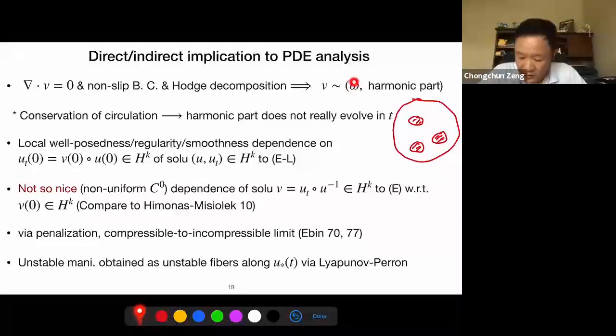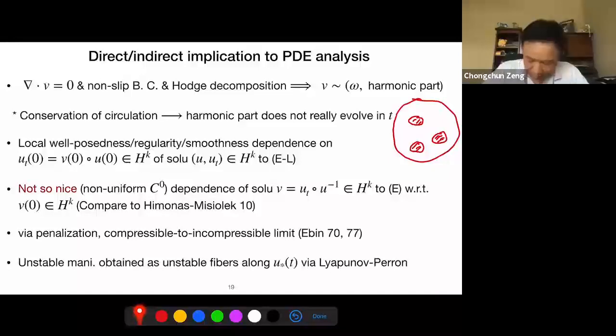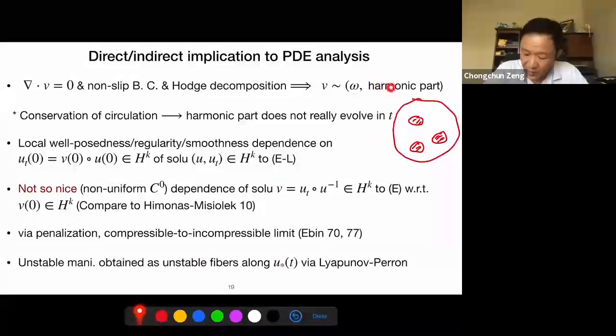The vorticity determines the velocity completely only when you have a simply connected domain. Well, you can add a constant vector to v, but with a slip boundary condition, that's enough. So when the domain is simply connected, the vorticity determines the velocity. But when there are holes, the vorticity is not enough. There is still a harmonic part. The harmonic part is related to the circulation.